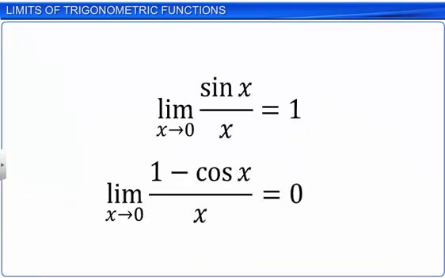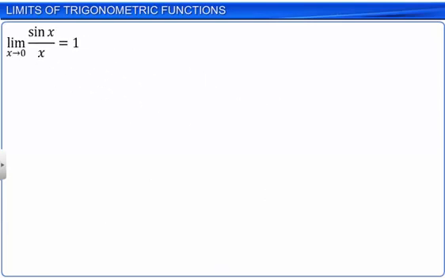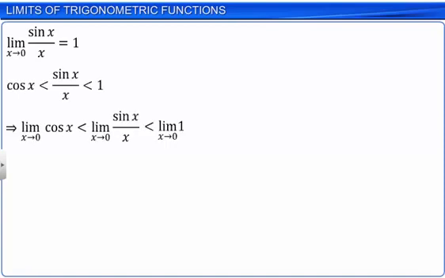Here, we will see two important propositions that can be used in finding the limits of trigonometric functions. For the function sin x divided by x, we can use the sandwich theorem. We will use the relation shown. We will find the limit of each function in this relation.